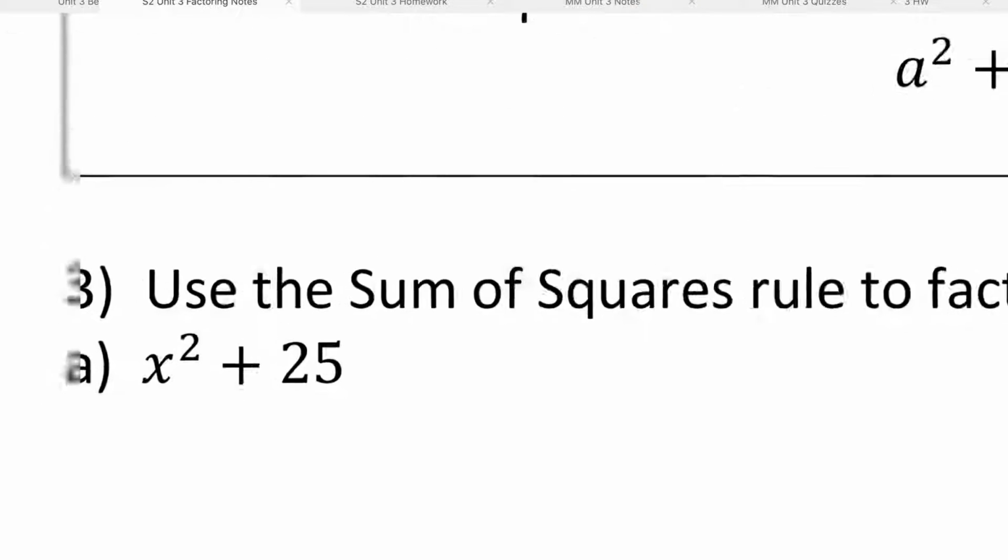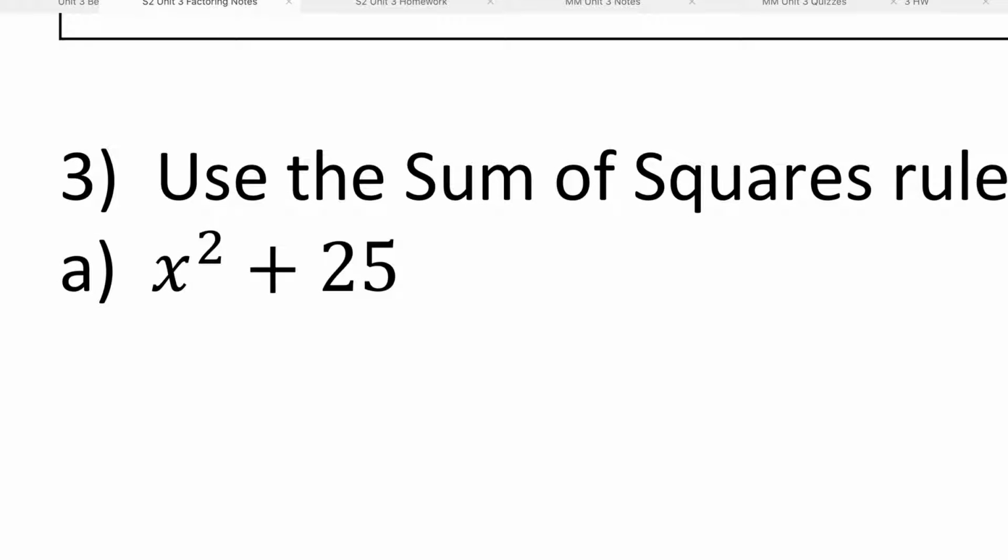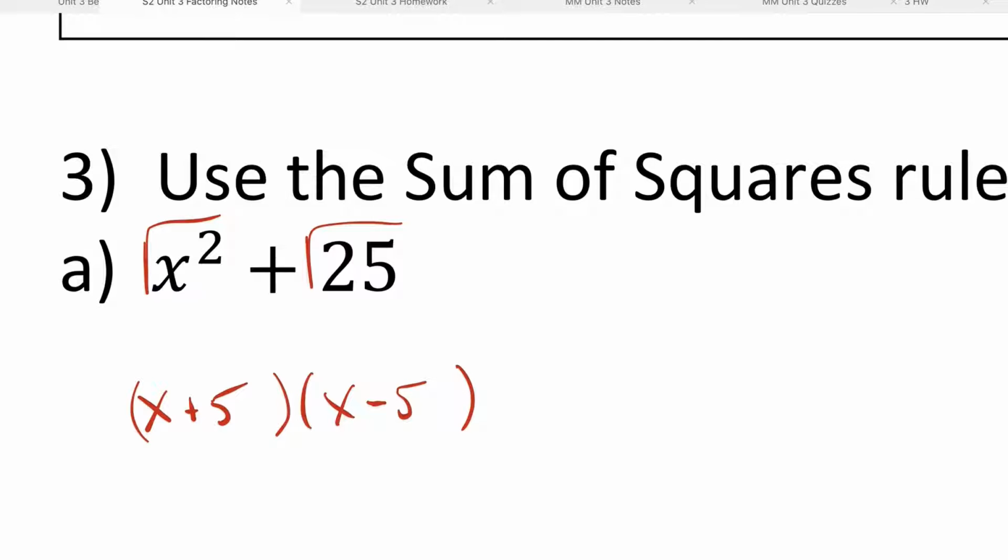Okay, so for example, we would do the exact same thing. We'd get x plus 5 and x minus 5. But if we were to distribute, we'd end up getting a -25. And that's not what we have in our problem that we're trying to solve.